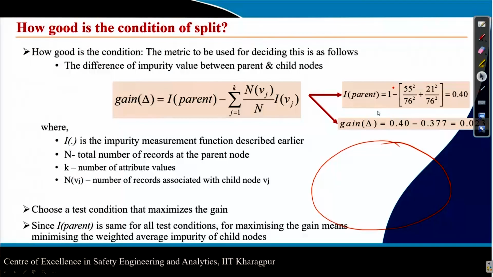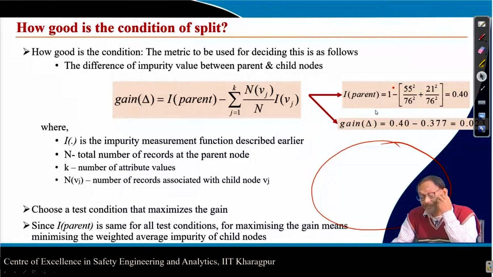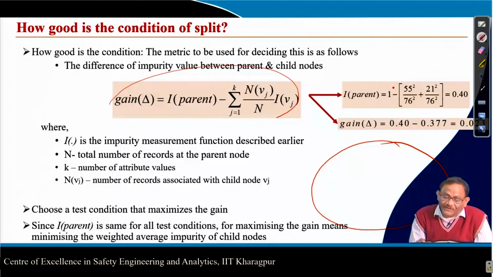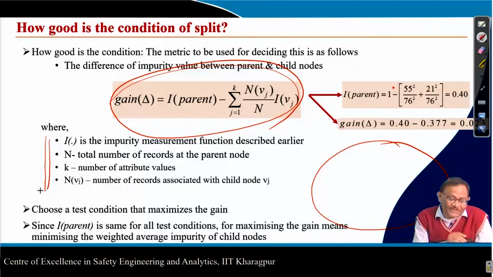Another point is that once you use the split, there will be improvement. What is the improvement? The impurity in the parent node vis-a-vis the child node, if you consider. So obviously there will be gain in terms of impurity. Here is the formula used for finding the gain: I of the parent minus this, and these are the notations.